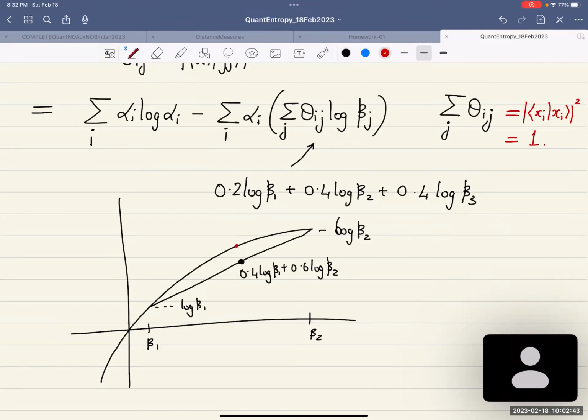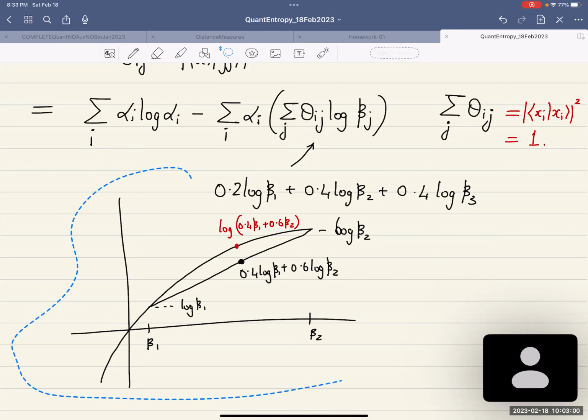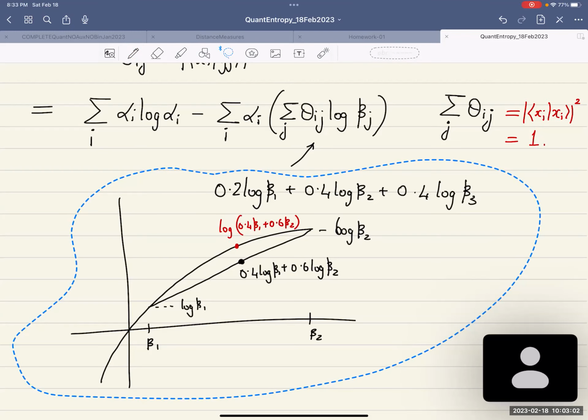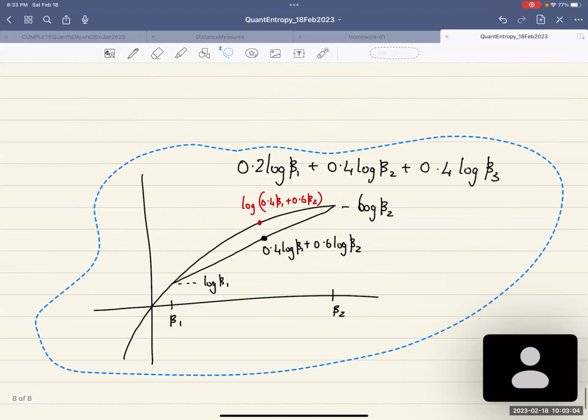This point is log of 0.4 beta 1 plus 0.6 beta 2, right? So the curve lies above the chord on the concave function. So with this, I'm going to pull this diagram out a little bit to the other side. I'm going to just minimize this.